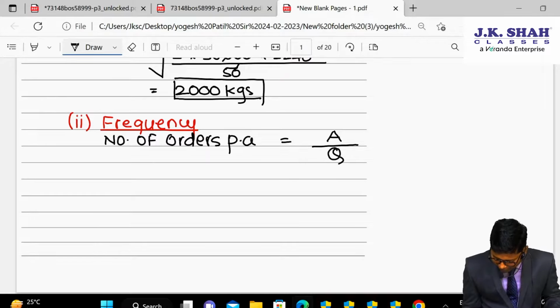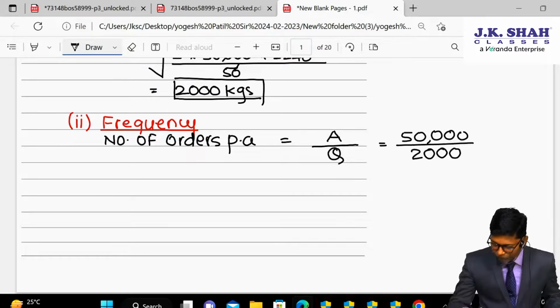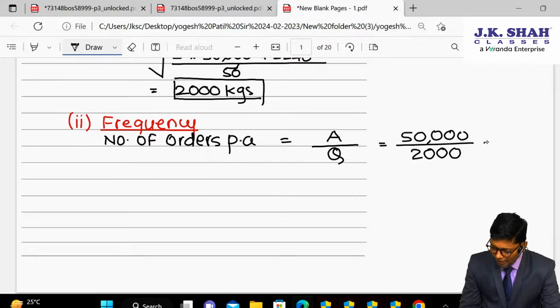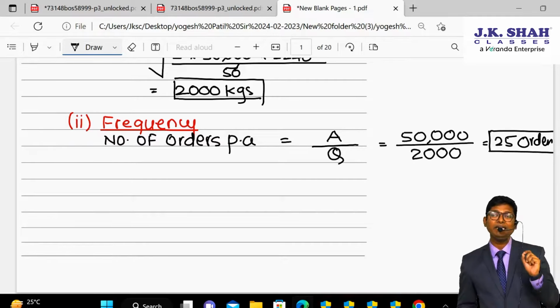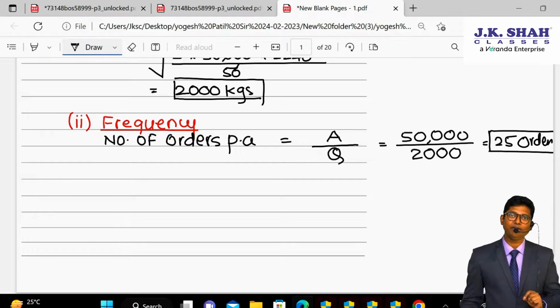The total annual requirement we just computed is 50,000, and at a time in one order we are going to purchase 2000 kgs. So when you do this calculation on your calculator, you will get 25, and this is nothing but 25 orders. So throughout the year, to complete the annual requirement of raw material, we must place 25 orders.